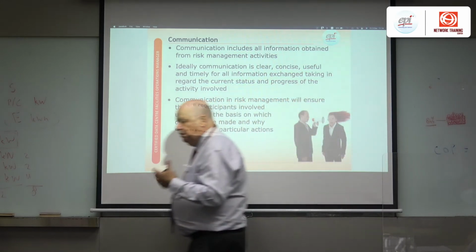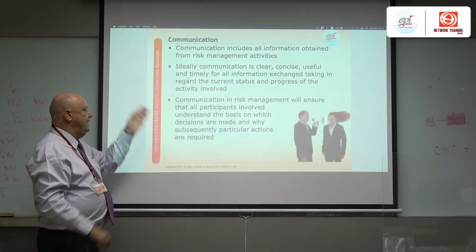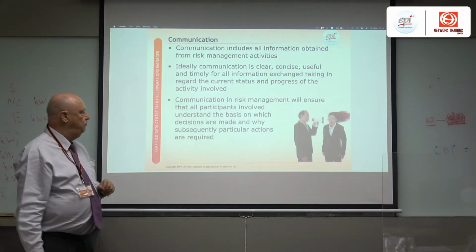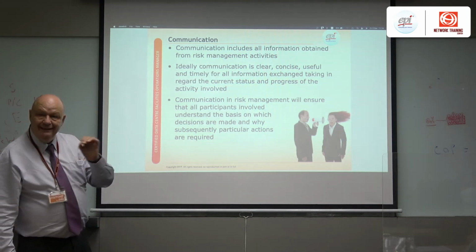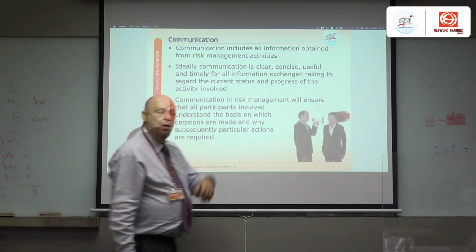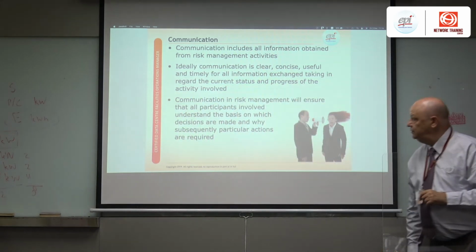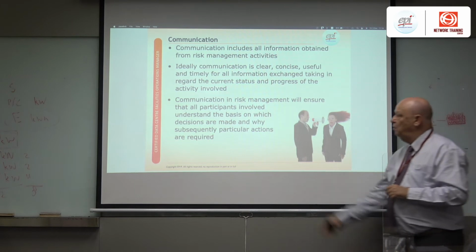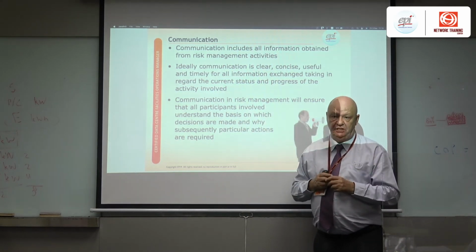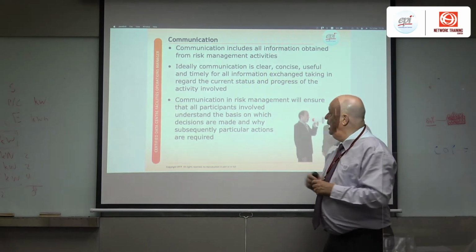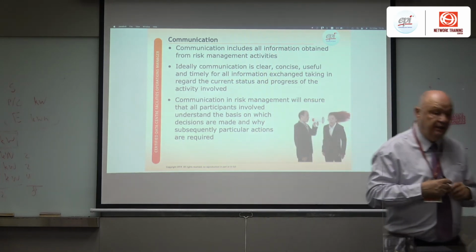So communication in risk management ensures that all participants involved understand why senior management made a decision on the way to treat the risk. So what was the basis on which decisions were made, and why particular actions are needed.